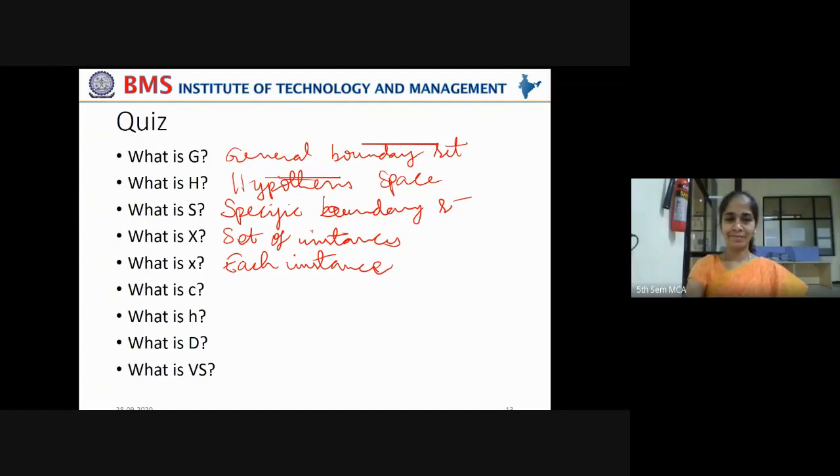C is the target concept. The target concept it wants to learn is whether your friend will enjoy the water sport or not. So the target concept it is trying to learn is whether he is enjoying that sport. It is not interested in the no instances. It is interested only in the yes instances.